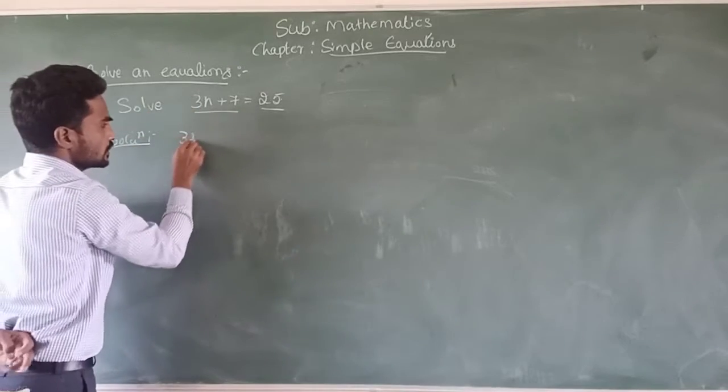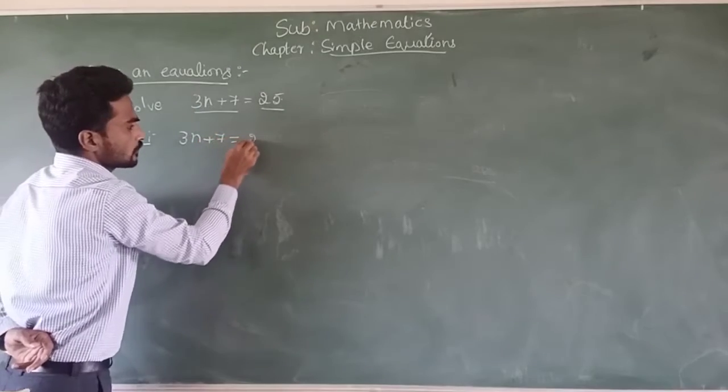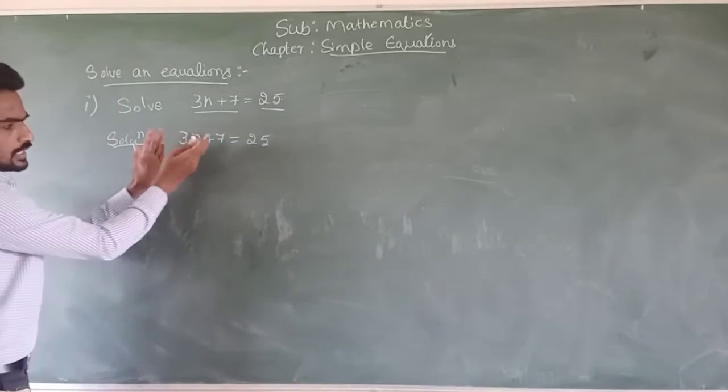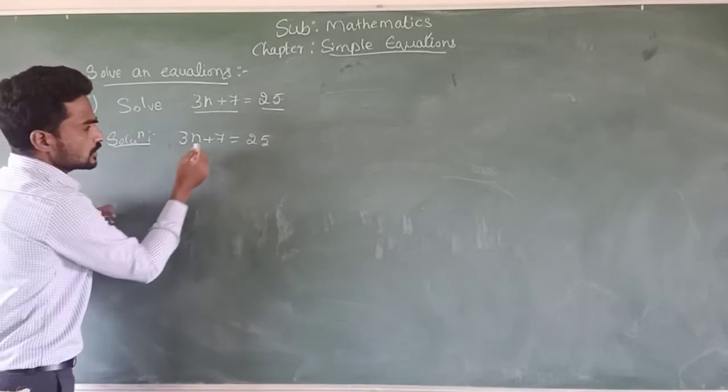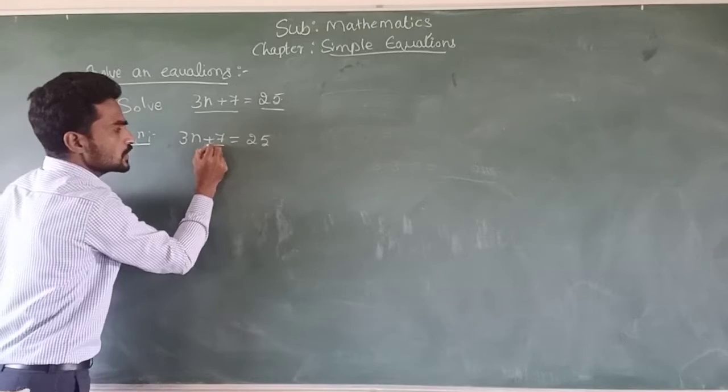Take the equation as it is. Observe the LHS of this equation. Here, addition of 7 is there.